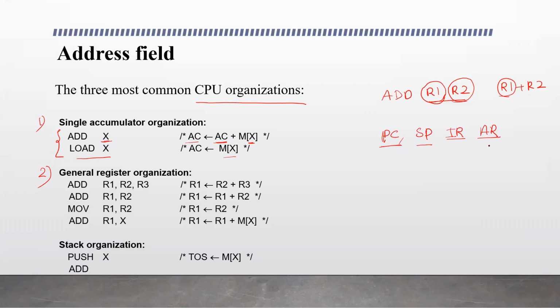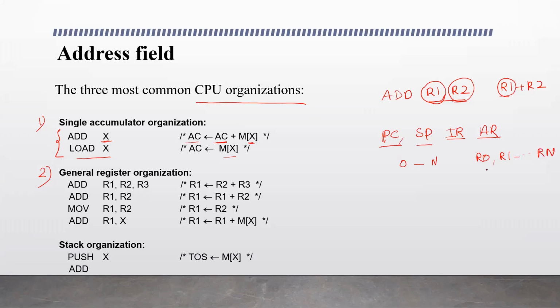And we have general purpose registers. The number of general purpose registers varies in different processors. There may be n general purpose registers, generally numbered R0, R1, etc., up to Rn.